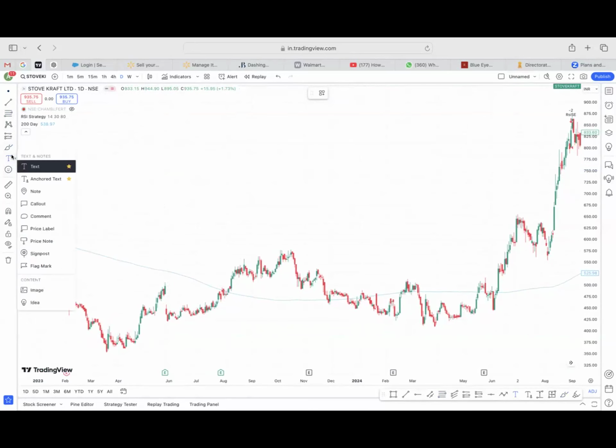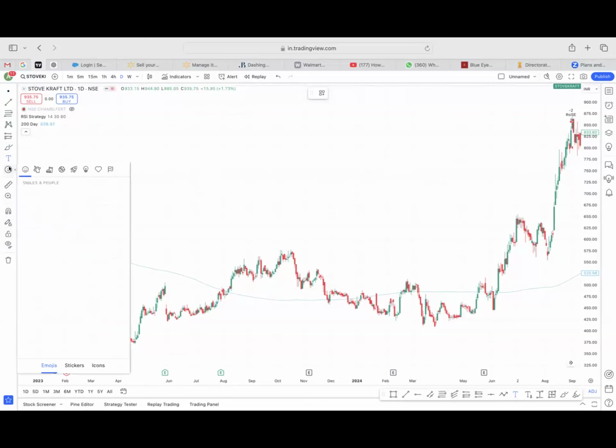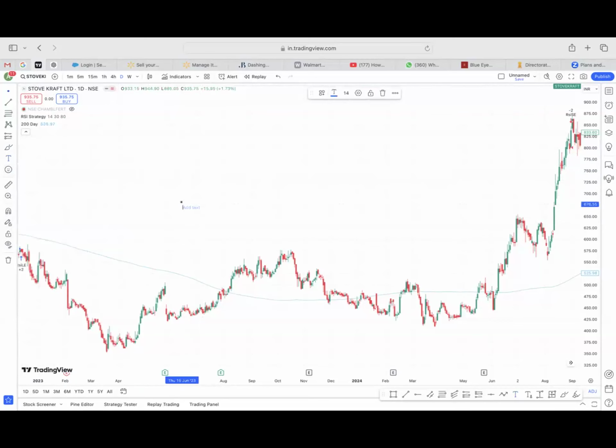Here you can mark text and anchored text. And if you want to use any emoji, you can use the emoji also. Yeah, that's it for this marking.